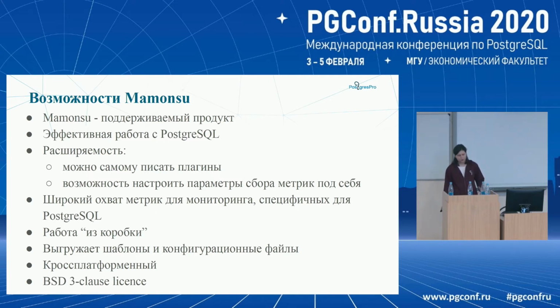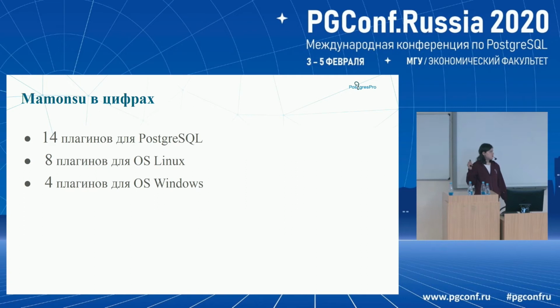Mamonsu allows you to configure your monitoring in simple steps, and I will show you how it's done in my next slides. And the cross-platform feature is important for our clients who use Linux distributions, including domestic ones. And the template that was on the previous slide, Mamonsu can generate by itself using its own metrics and send it to the Zabbix-server.